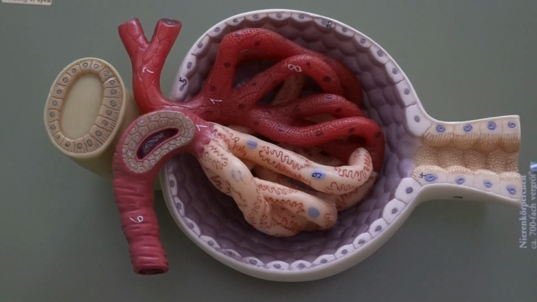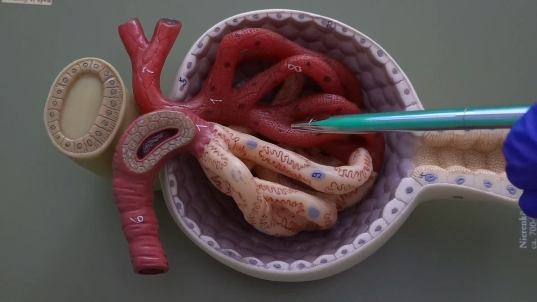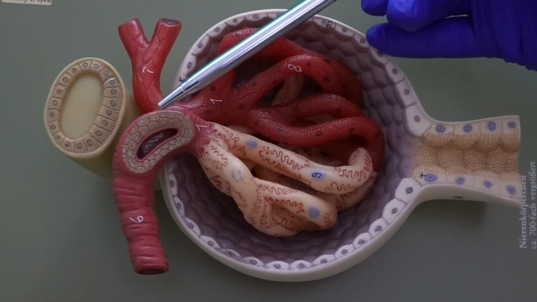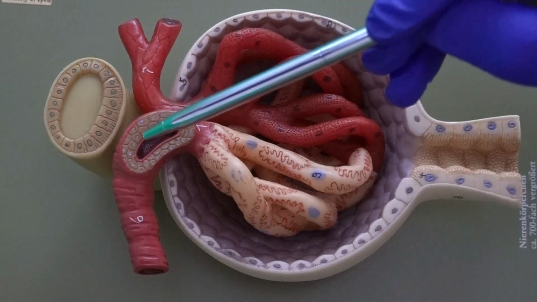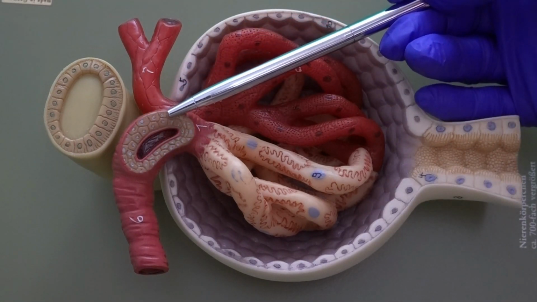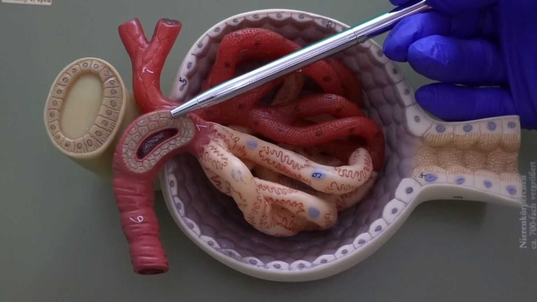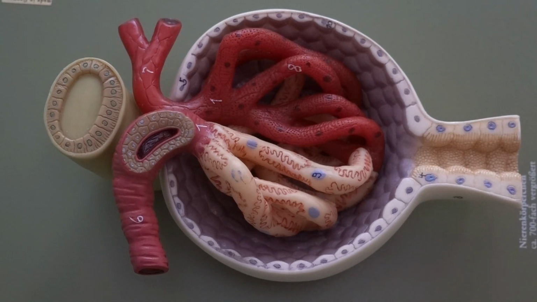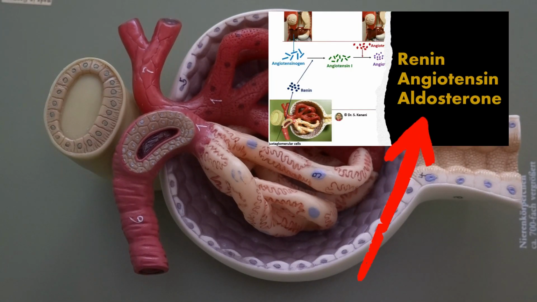Both have the same goal. The goal is to adjust the rate of glomerular filtration. However, because in myogenic mechanism the only cells involved are juxtaglomerular cells, this feedback system is much faster than tubuloglomerular feedback.